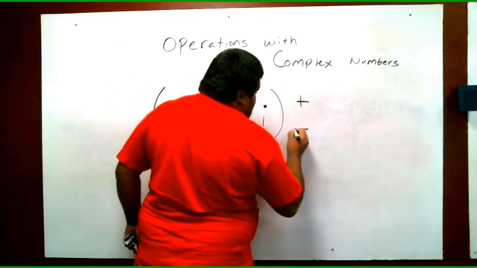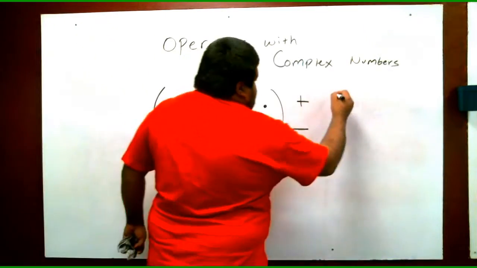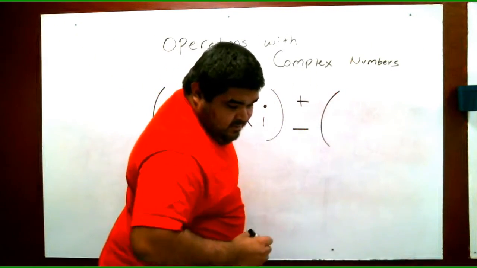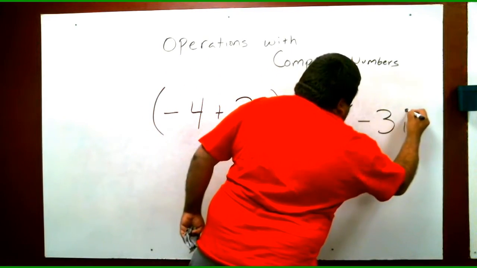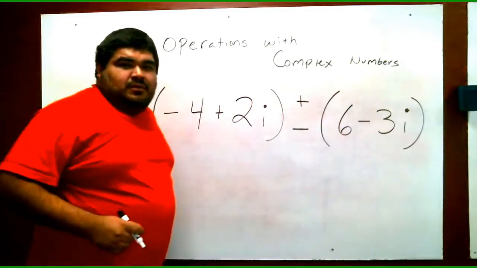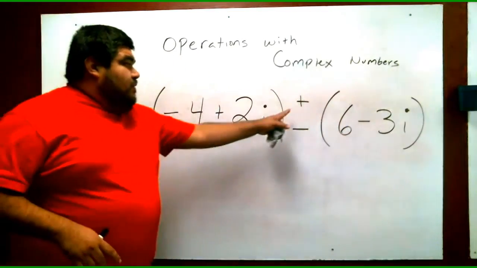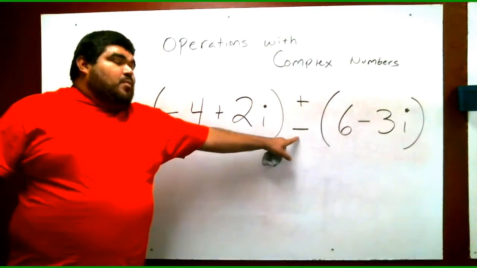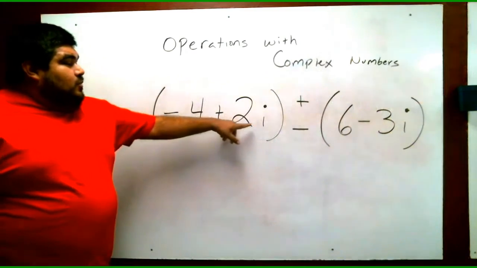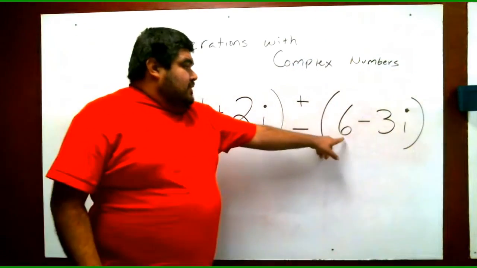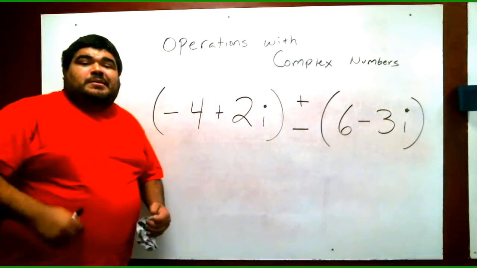You're also doing one for minus. You're doing the same problem for both. Your other one is 6 minus 3i. So keep in mind, you have to do one problem with adding, one problem with subtraction. So we have negative 4 plus 2i and 6 minus 3i. And that is your assignment for today.